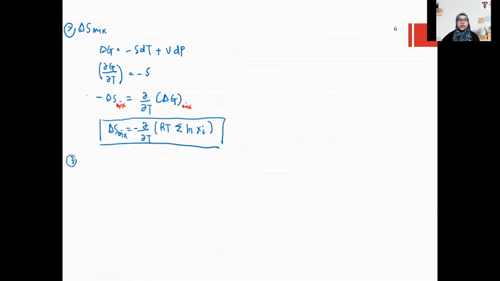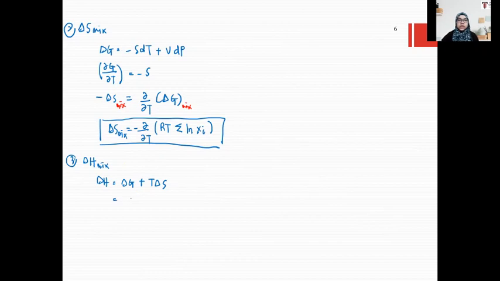Okay, the third is the delta H, or enthalpy, the change of the enthalpy in mixing. So how can we use the existing expressions to correlate it with delta H? We know that delta H equals delta G plus T delta S. We can insert the expressions that we described previously into this equation.